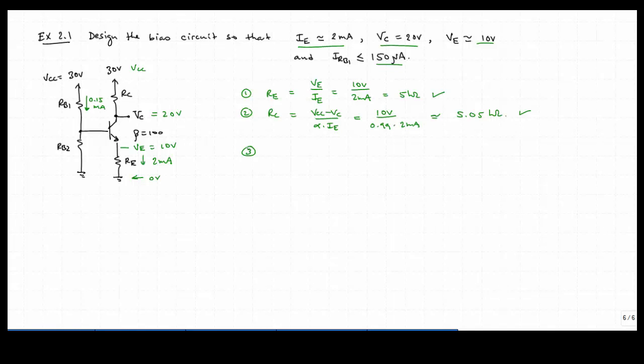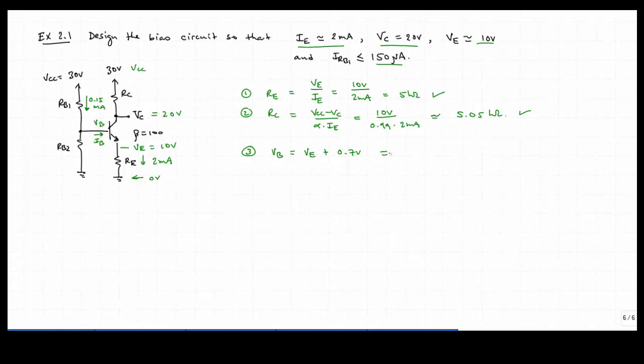Okay, next, we need to figure out the base voltage here, and we'll look at the base current. The base voltage is going to be easy. We just have the emitter voltage plus the 0.7 volt base emitter junction.